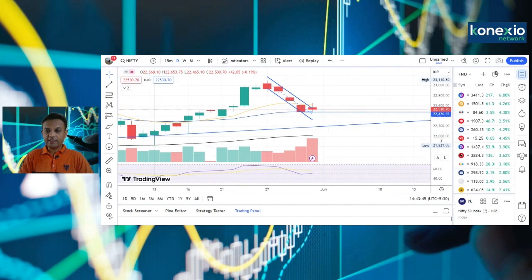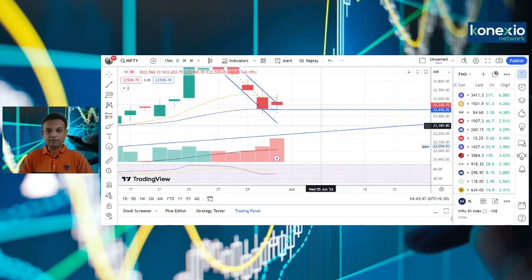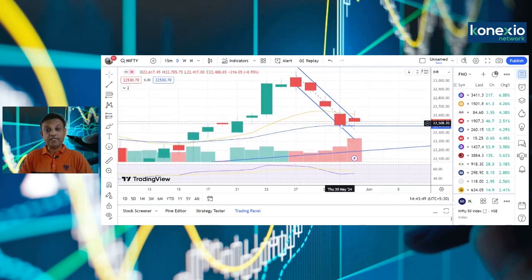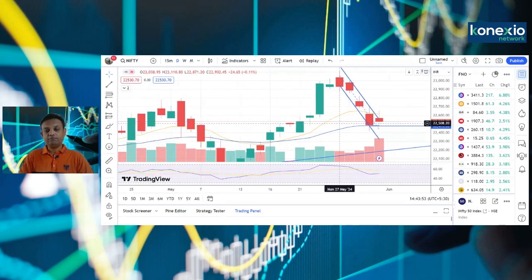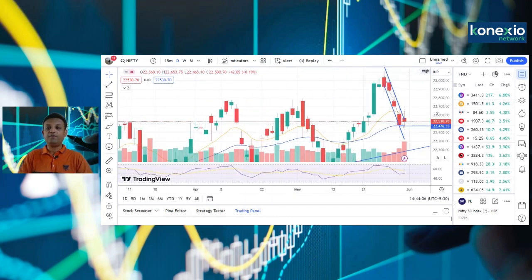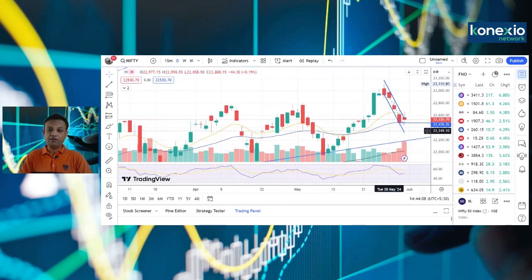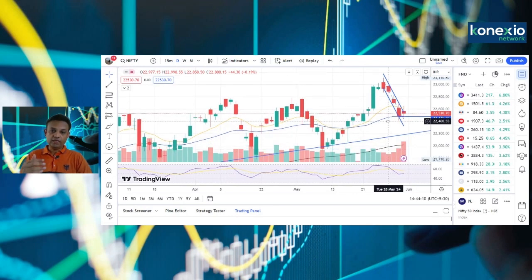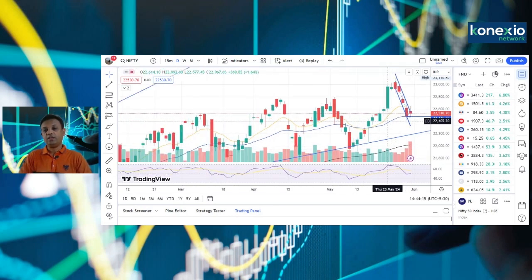Now on the Friday trading candle, you can clearly see it has formed an inside day candle. The combination of the candles of Thursday and Friday is considered a harami pattern, and formation of this pattern after a correction is considered to be highly bullish and very effective in giving an upward push to the market from these particular levels.